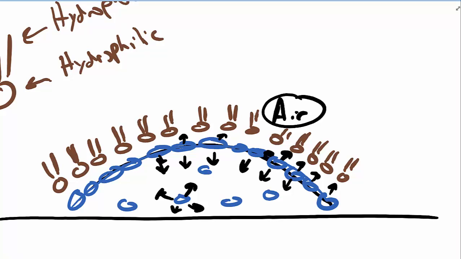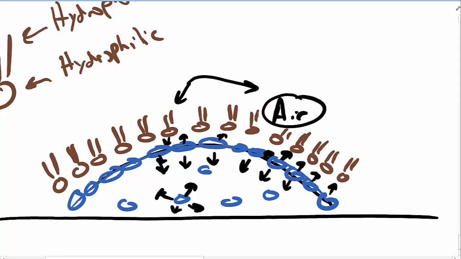Now, because surfactant has both a hydrophilic and a hydrophobic end, the orientation of the surfactant molecules remains fairly the same, with the hydrophobic ends near the air barrier and the hydrophilic ends towards the water molecules.